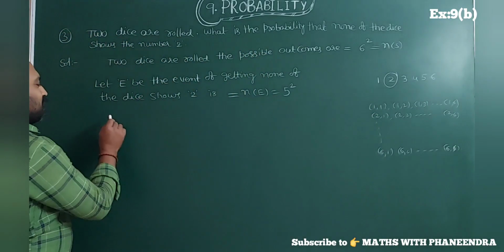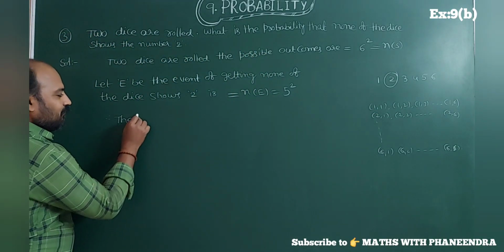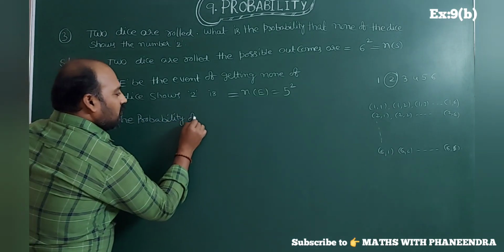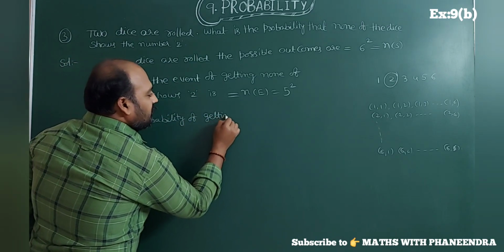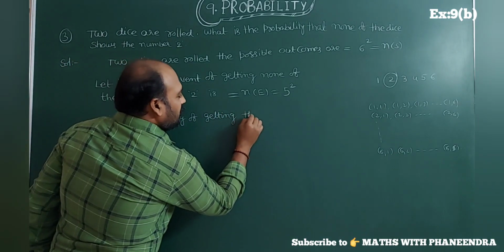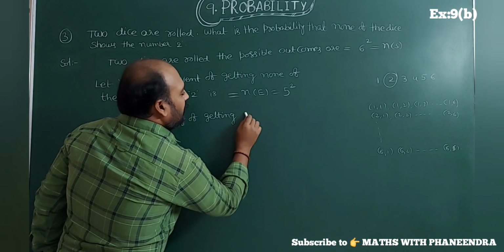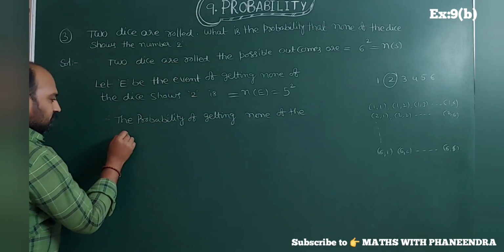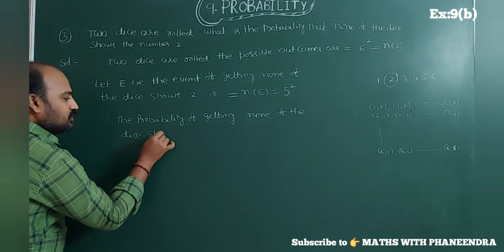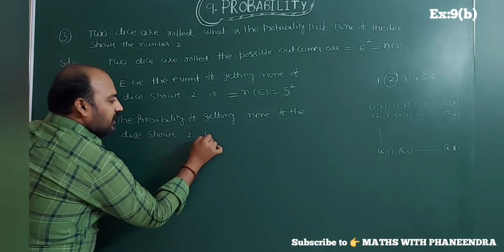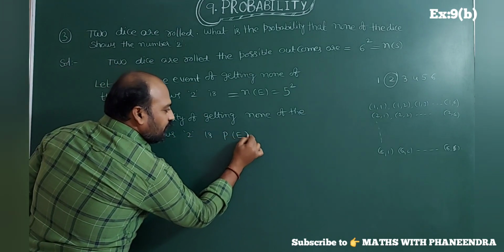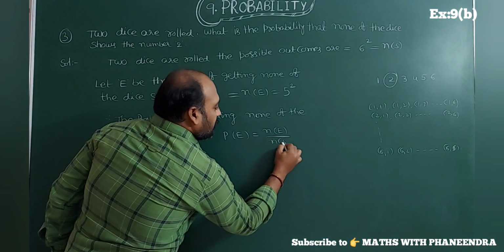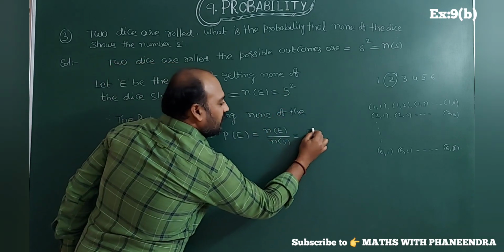Therefore, the probability of getting none of the dice shows 2 is P of E equal to N of E by N of S. So what is N of E? 5 square.